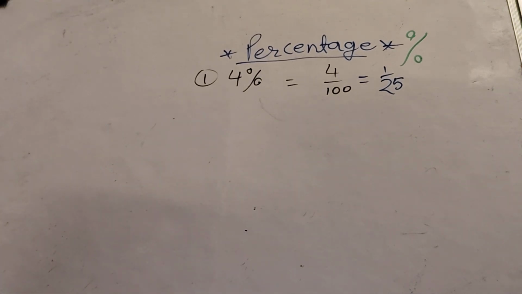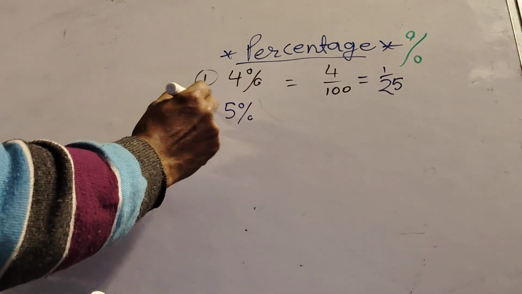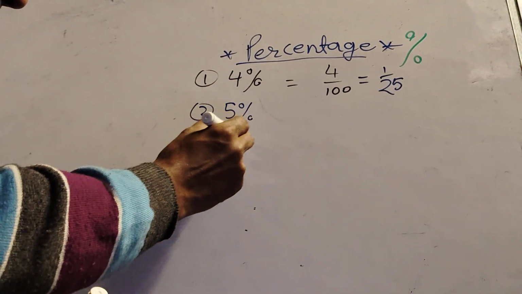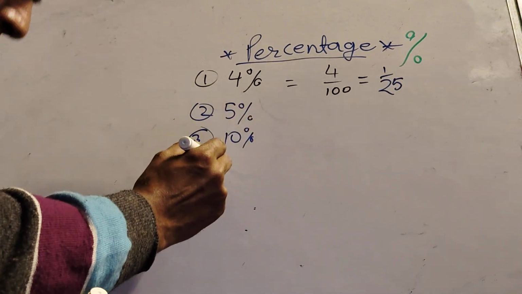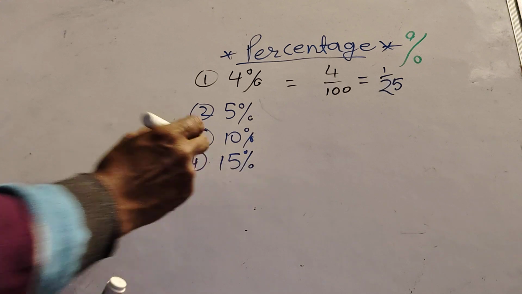Just simplification, okay. Second one is 5%, third one is 10%, fourth one is 15%, fifth one is 20%.